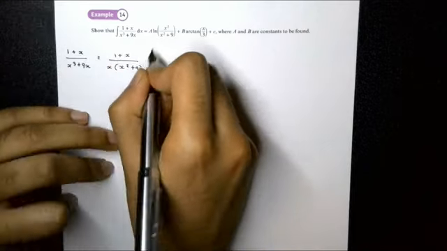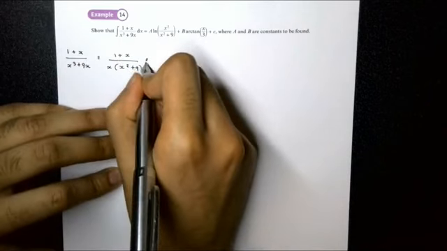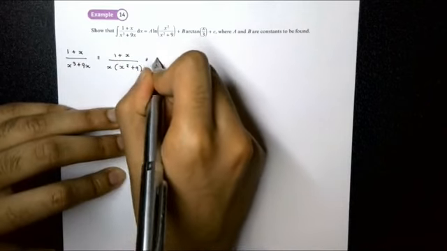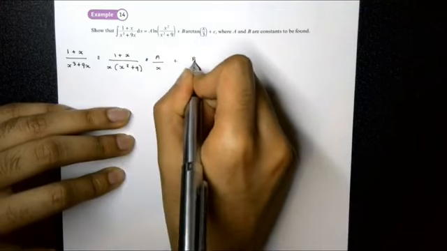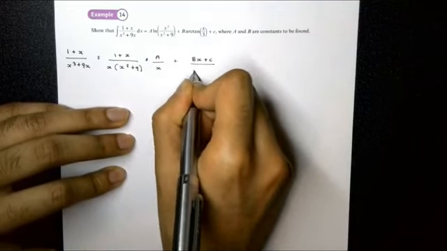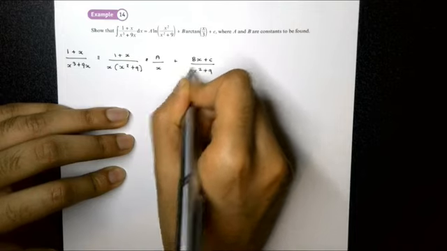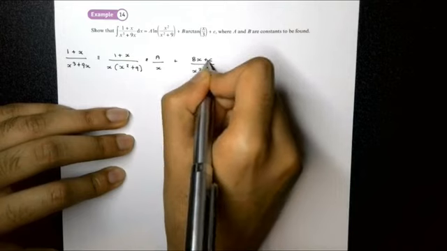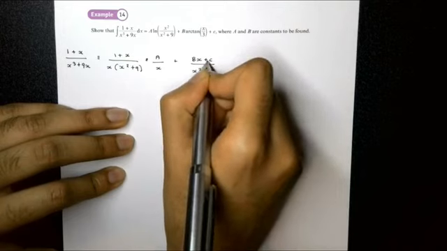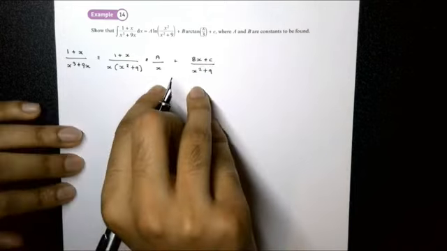Now we can use the idea of partial fractions to help tidy this up even further. This will be equivalent to a over x plus bx plus c over x squared plus 9. Of course, a quadratic denominator means we've got a linear numerator when we split up using partial fractions.